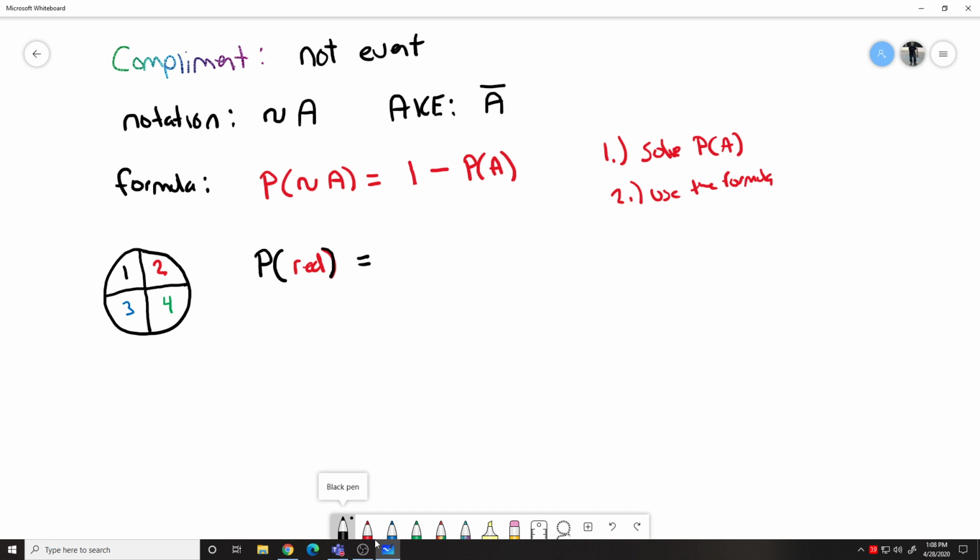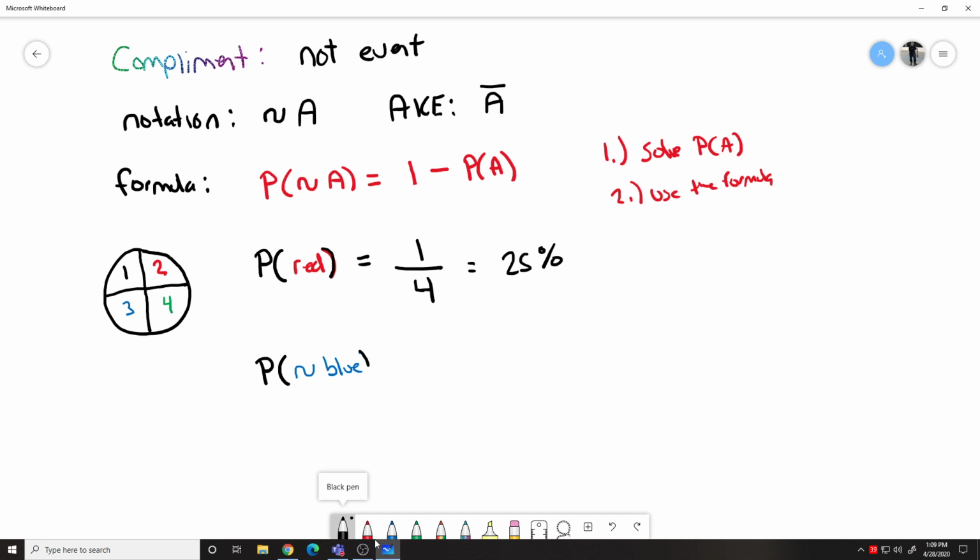But it's all equally divided. So how many sections are there? There's 4 sections in total. Only one of them is red. So my desired outcome is to land on the red. But how many different sections are there? There's 4 different sections. So that would give me a 25% chance of landing on the red. Now let's ask the question, what's the probability of not blue?